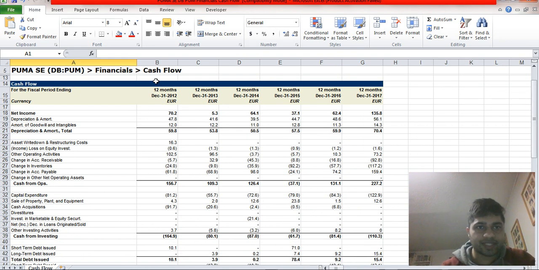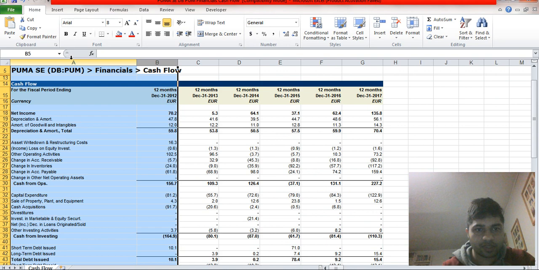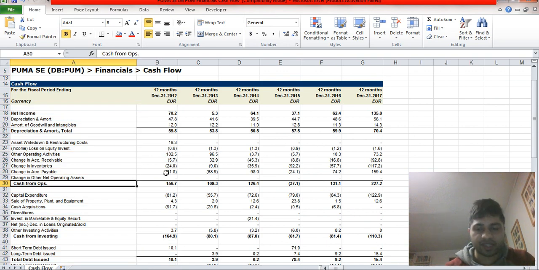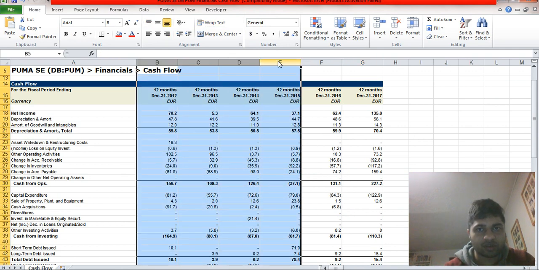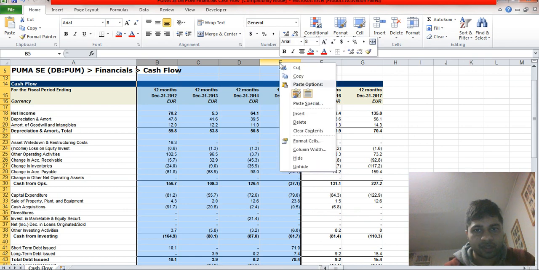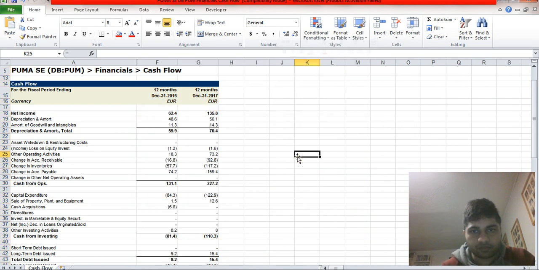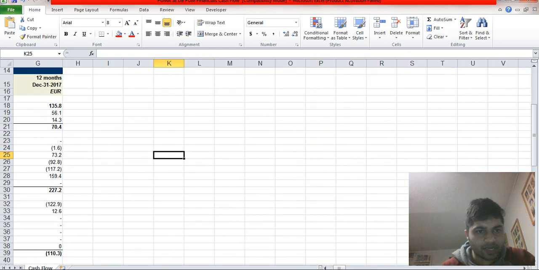A simple analysis will be: we go to cash from operations, the end figure, not these figures. We are directly jumping to the end figures. What are we going to check? We are going to check this against our rule. So I'm just hiding all this, we don't require it, and I'm zooming in.